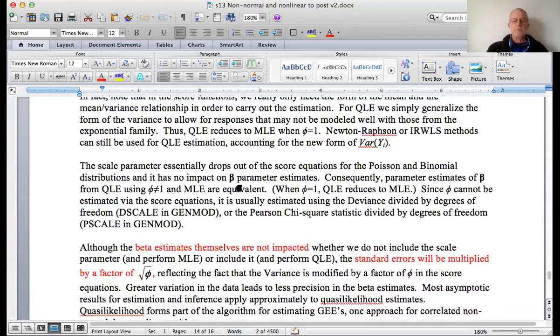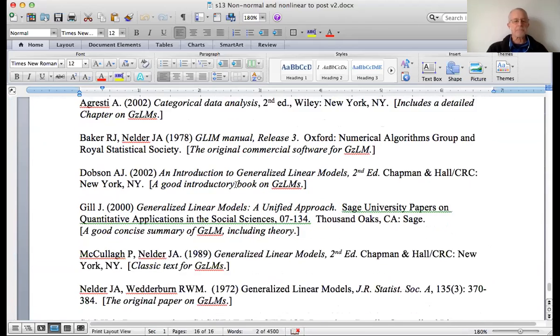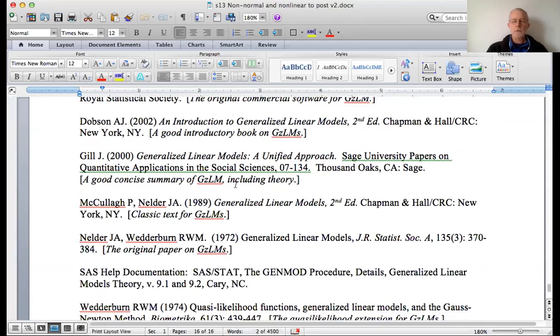Okay, I was going to jump over to software, but while I'm here, I'm going to talk a little bit about references. I haven't pointed this out, and since we're on this page, it'll save me another screen sharing attempt. This is the key paper, the original paper. It's a really cool paper to look at because so much of the ideas and software are still there, 48 years later. It's just a landmark paper.